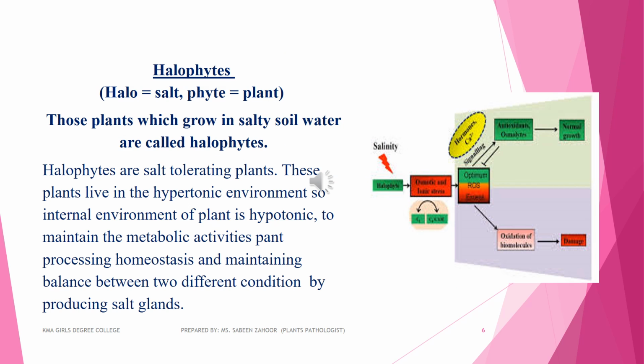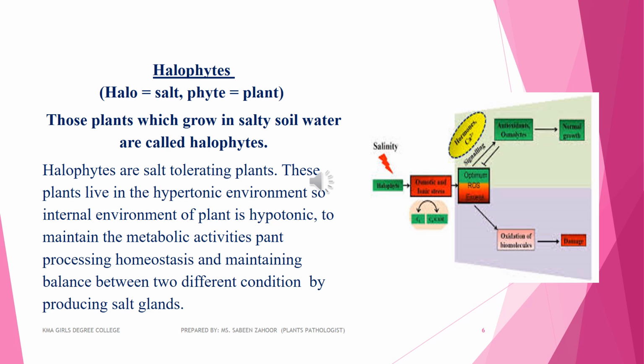Halophytes. Halo means salt and phytes means plants. Halophytes are those plants which grow in salty areas, right? Those plants which are growing in salty or marshy soil or salty water areas are called halophytes. Halophytes are salt tolerating plants.